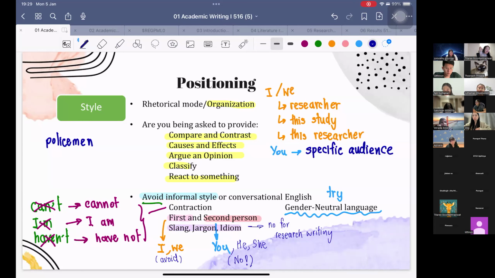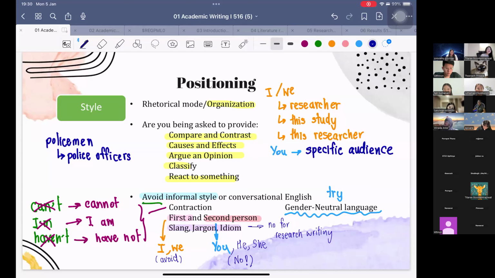If your research is not about gender studies, your research should use gender neutral language. Instead of the word policeman, try to be neutral. Go with words like police officer, which would be more appropriate. So whatever has man or woman in it, go with something more neutral.